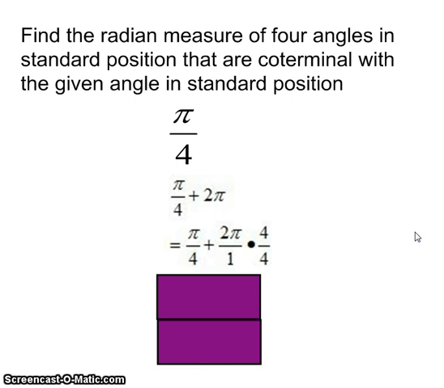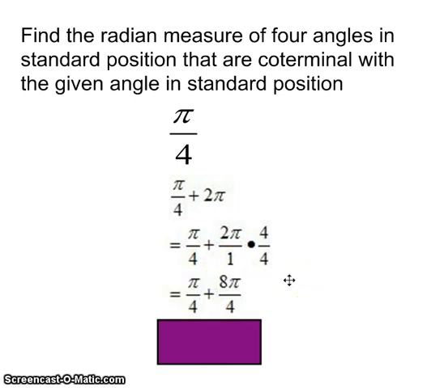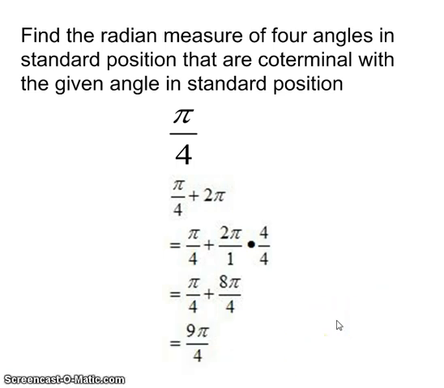So to do that, I'm multiplying top and bottom of 2 pi by 4 over 4, which gives me 8 pi over 4. And then you can add the numerators, which is 9 pi over 4. So these are fraction rules that you learned a long time ago, and you have to have your answer in simplest fraction form. So the first of my answers is 9 pi over 4.